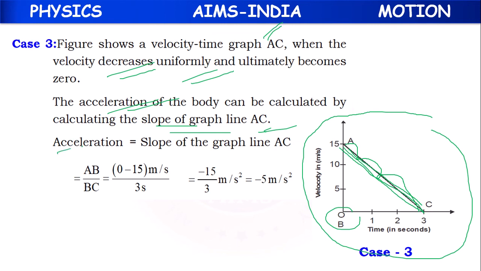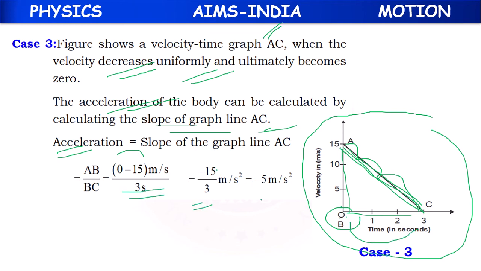So acceleration equals the slope of the graph line AC, where AB by AC. Final velocity is 0 minus initial velocity 15, that is 0 minus 15, by the time taken by the body, 3 seconds.